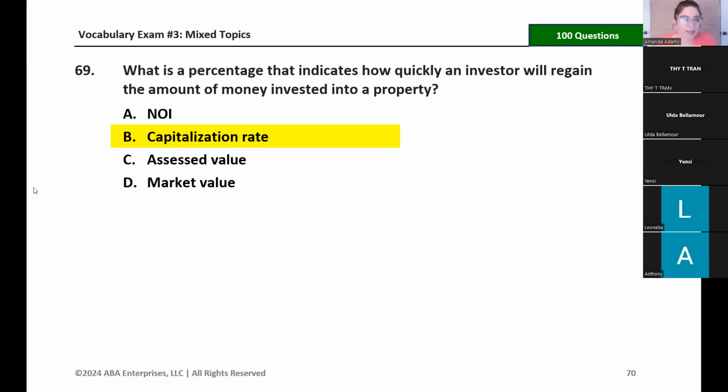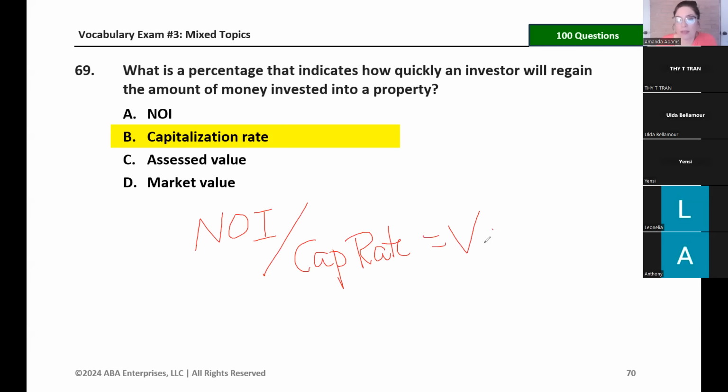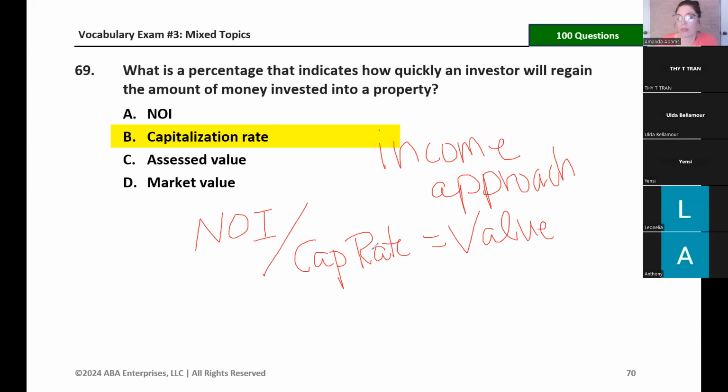Remember, if you take the NOI, the annual net operating income, and divide it by your cap rate, that equals your value. NOI divided by cap rate equals value. This is part of the income approach to value.